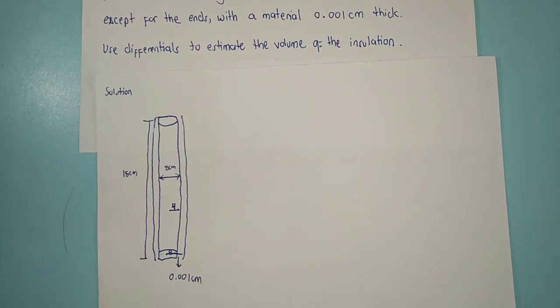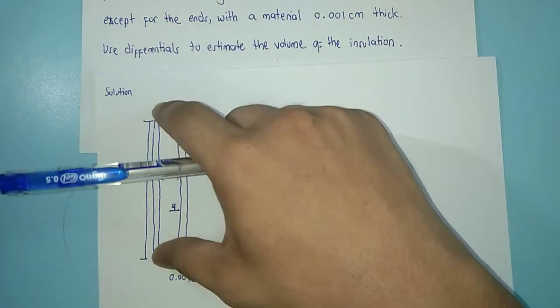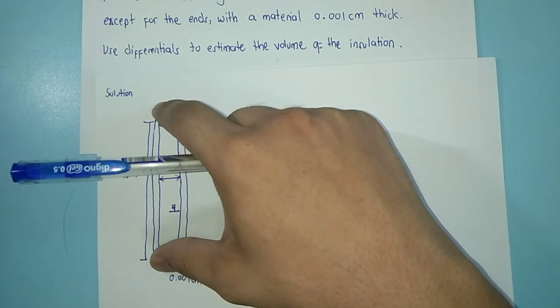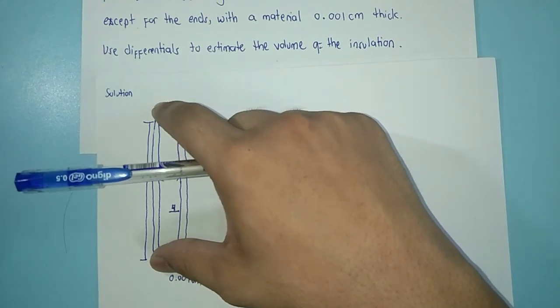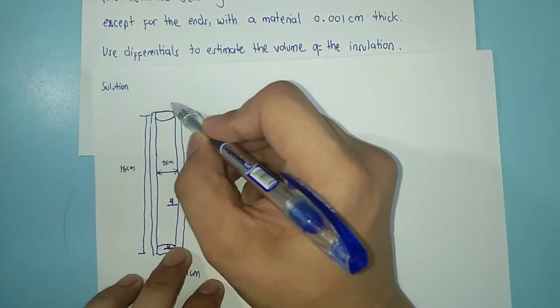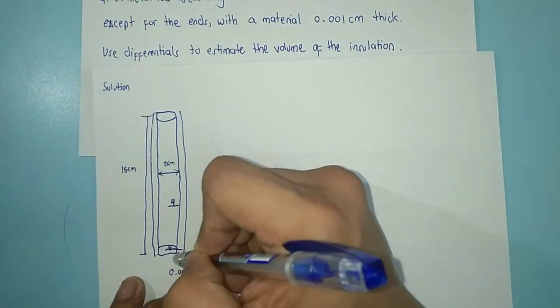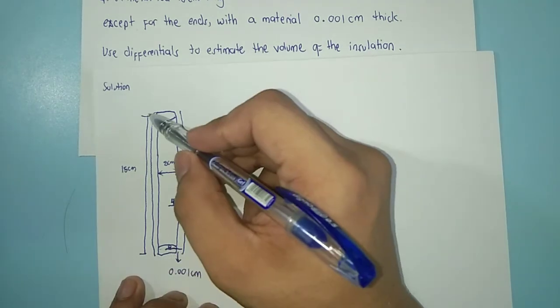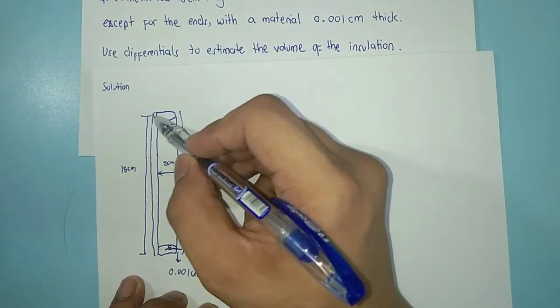Now, since hindi kasama yung dalawang ends ng metal rod natin, ibig sabihin yung height natin hindi madadagdagan. Magre-remain siya, kasi kapag kasama yung ends, madadagdagan yan.